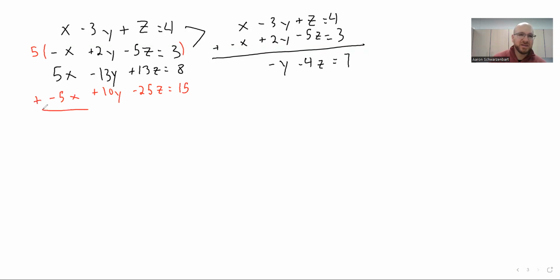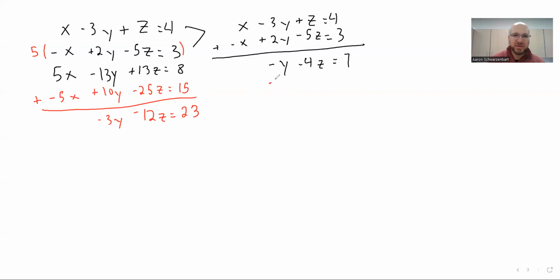When I add these together, I get negative 3y minus 12z equals 15 and 8 is 23. Just want to make sure I copied that right. Okay.